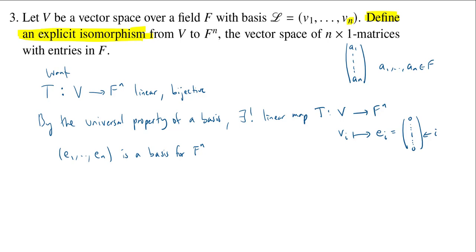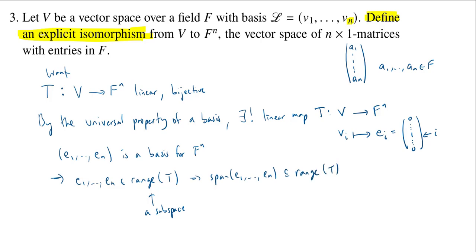Okay, but that means that every element of the basis is in the range. So this tells me that E1 through En is in the range of T. But the range of T is a subspace, which means it's closed under linear combinations. So the span of E1 through En is contained in the range of T. But what is the span of E1 through En?